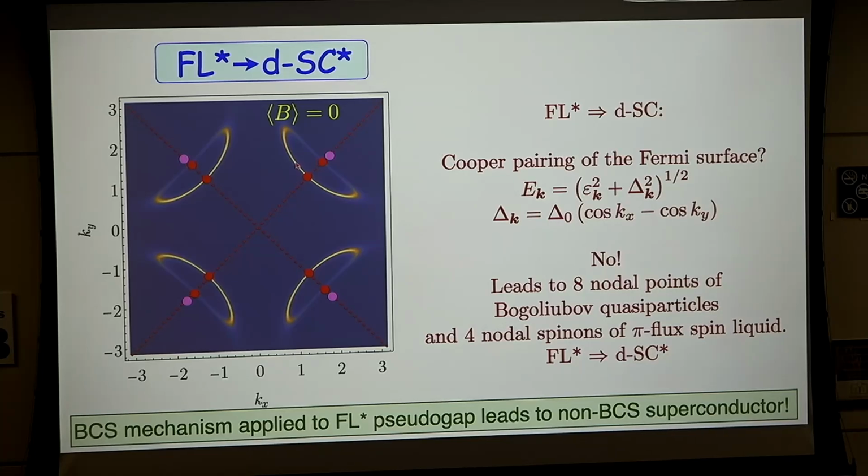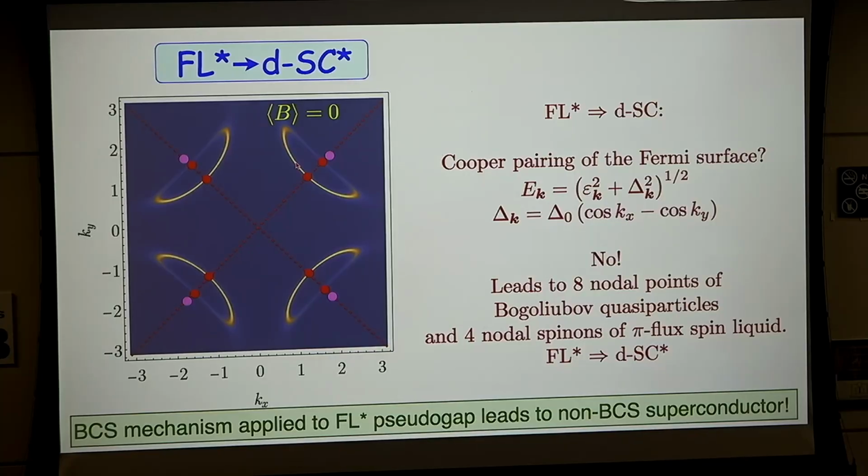Now, thermal conductivity is something you measure very accurately. And it's very clear from various experiments that there's only 4 nodes. There's no 12 nodes. So this doesn't work. So if you apply the BCS pairing mechanism to the pseudogap, you do not get the right D-wave superconductor.